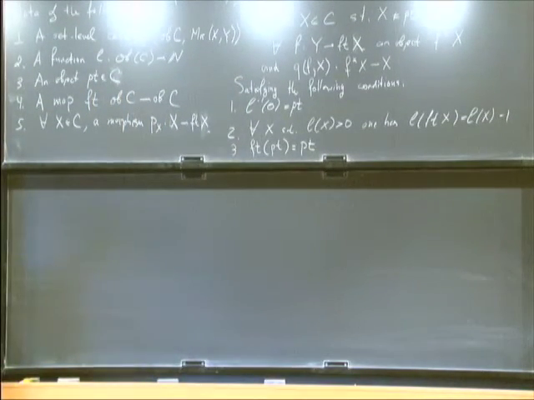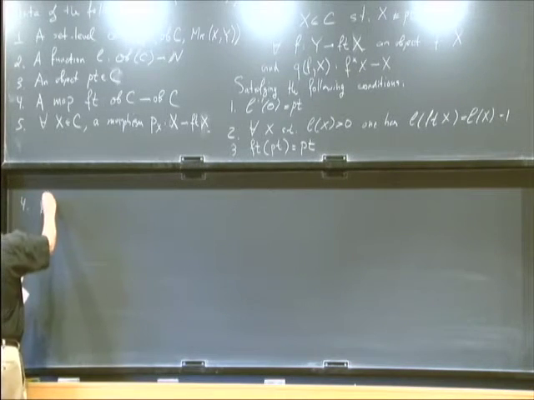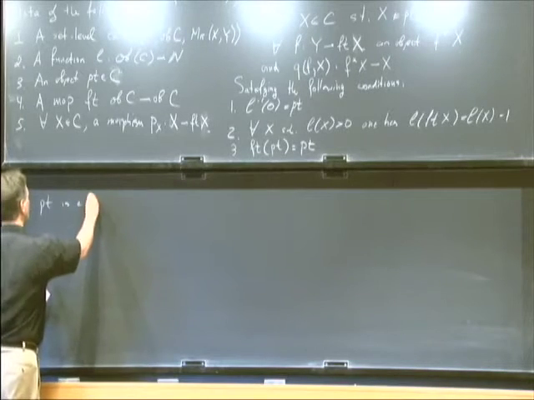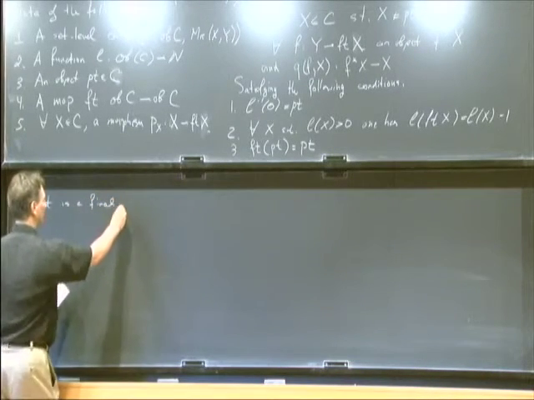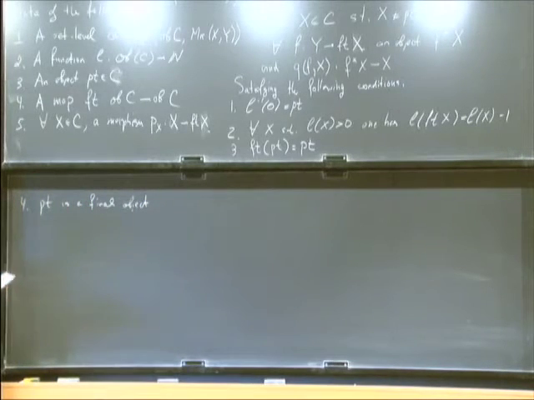I'll give another definition of what a C structure is, which maybe will make things nicer to think about. But for now, one has to deal with that. PT is a final object, or as some prefer to call it, a terminal object.